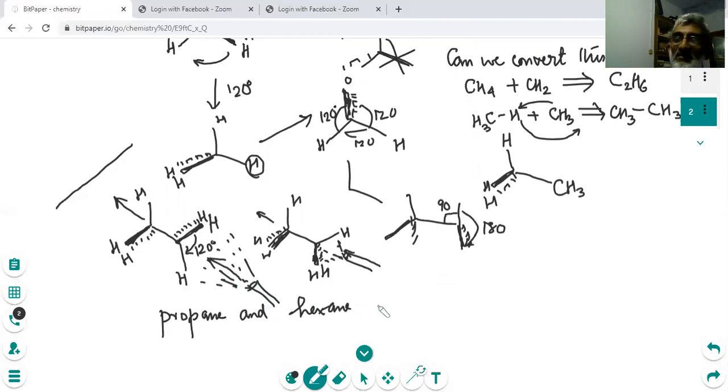Just the way you have done with this molecule, this ethane. This is methane, this is ethane, right? So draw the structures of propane and hexane in the same fashion, the three-dimensional structure.